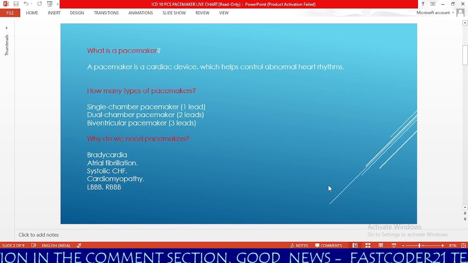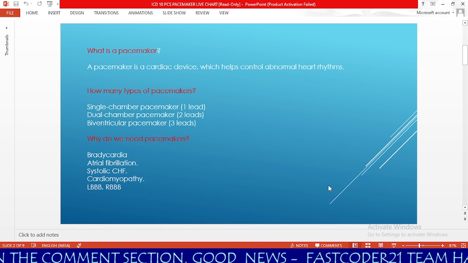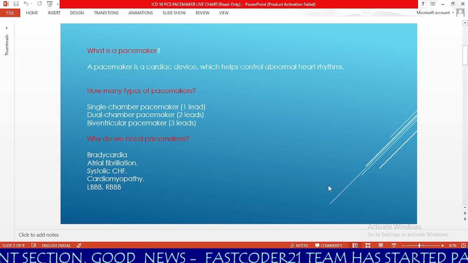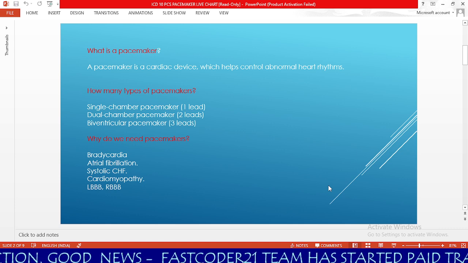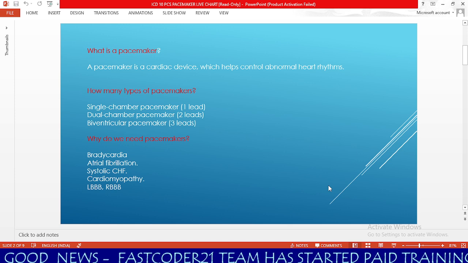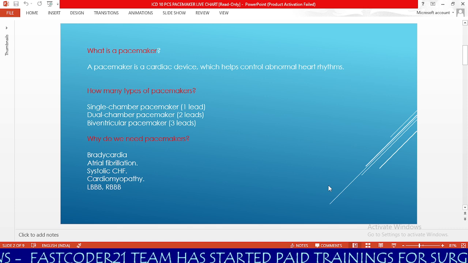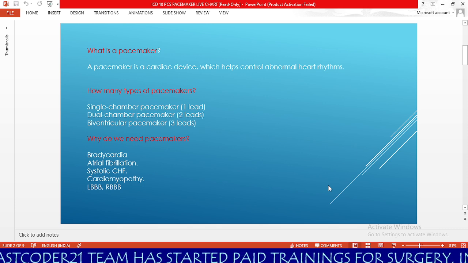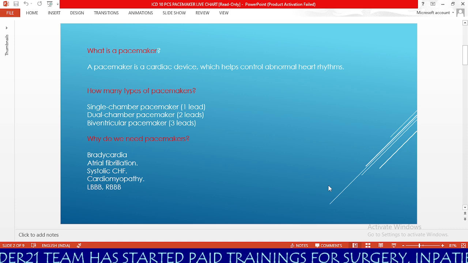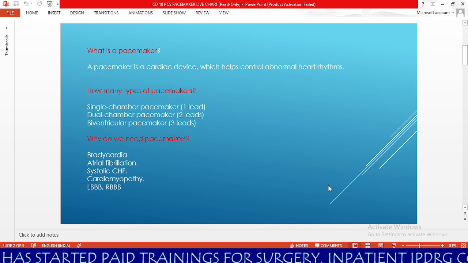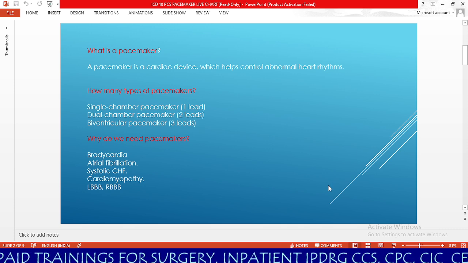Before going to code the pacemaker live chat, we need to learn a few definitions. First, we need to understand what a pacemaker is. Basically, a pacemaker is a cardiac device which helps control abnormal heart rhythm. In order to control a patient's abnormal heart rhythms, the physician will place a pacemaker.